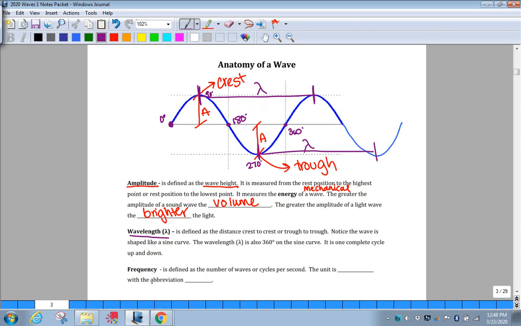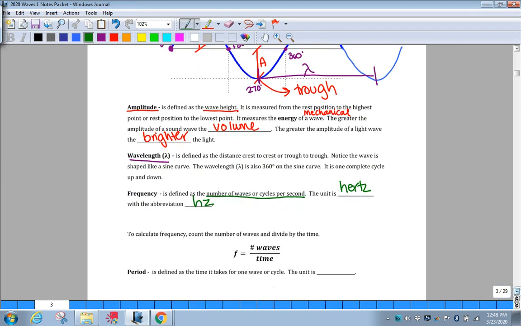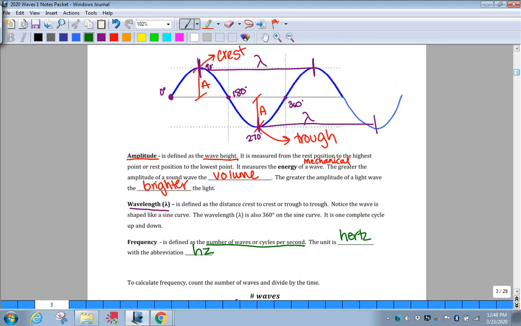And frequency is a term we've definitely gone over before. Frequency is the number of waves or cycles per second. Okay, the unit for this we know is hertz. Abbreviation is Hz. And to calculate the frequency, we would count the number of waves and divide by time, just like we did previously when we had harmonic motion or circular motion.